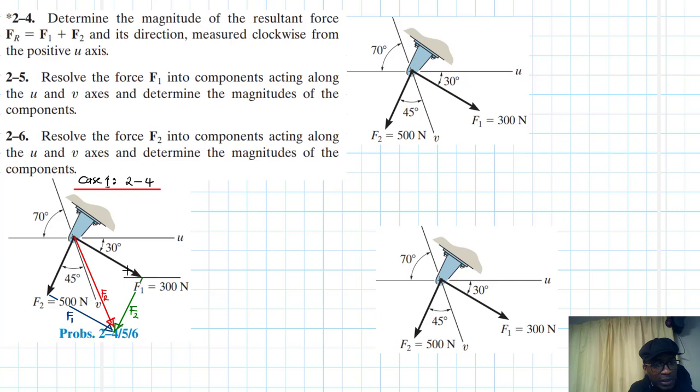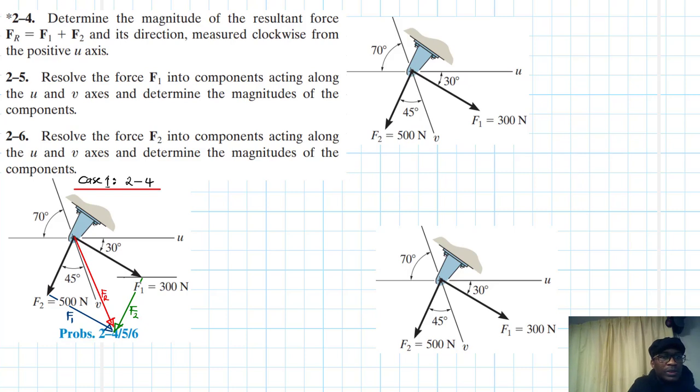Let me redraw this a little bit longer, like so. Let me use a straight line. Something like this.